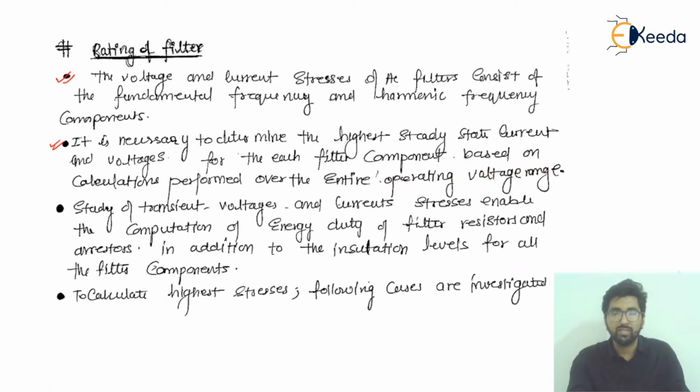It is specifying that if we are willing to calculate the rating of the filter, it is sometimes mandatory to determine the highest steady state current or voltage for each and every filter component, based on calculations performed over the entire operating voltage range. That is an important one in this line. Now we will move to the third one.